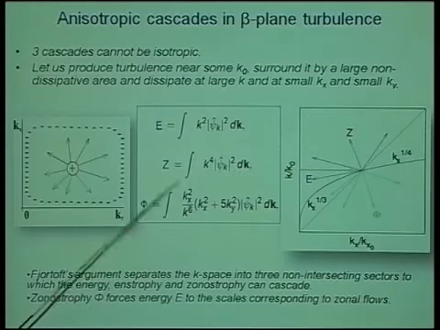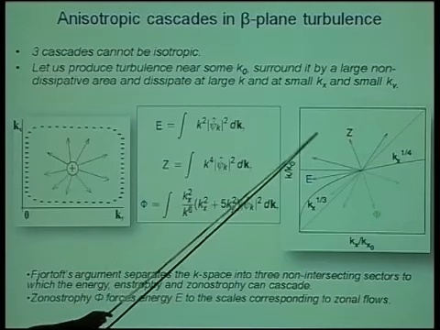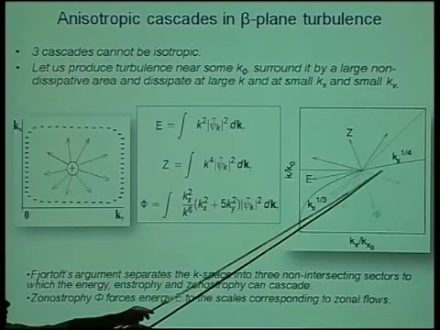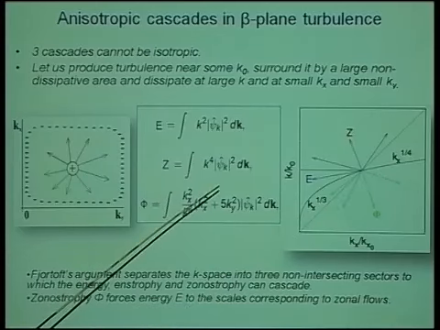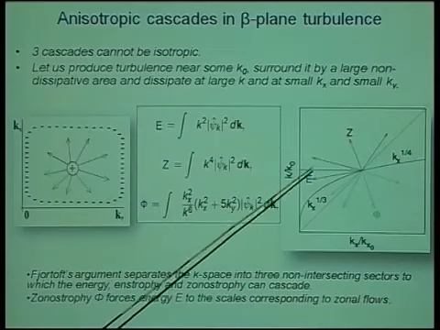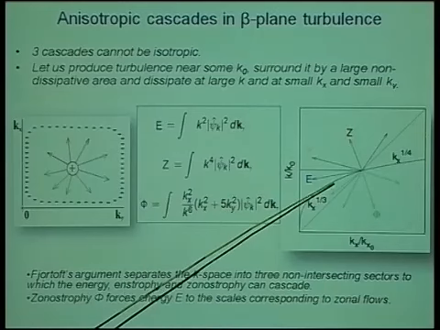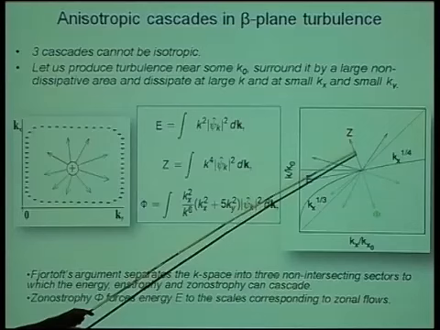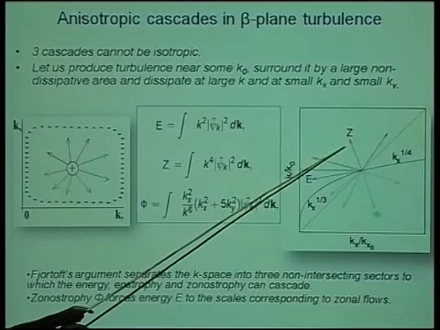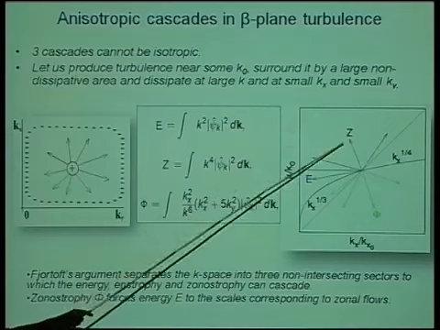Equate these two, it will be the boundary between the entropy and zonostrophy cascades, and so on. If you do that, you very simply obtain this picture that you see, like before.